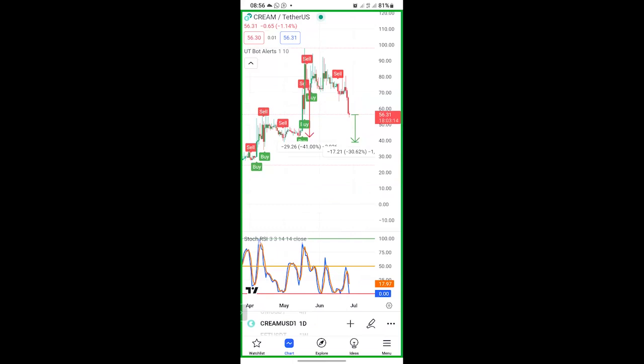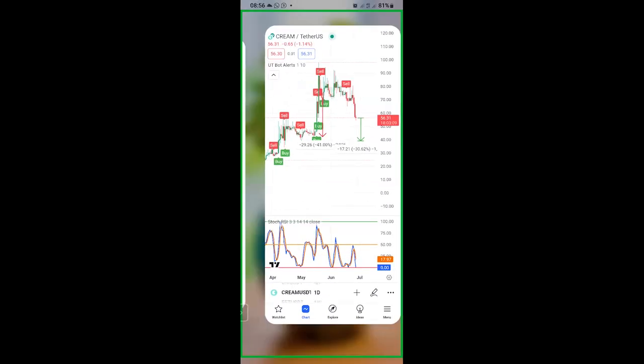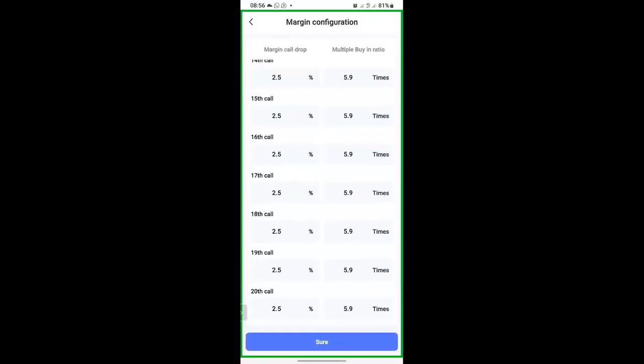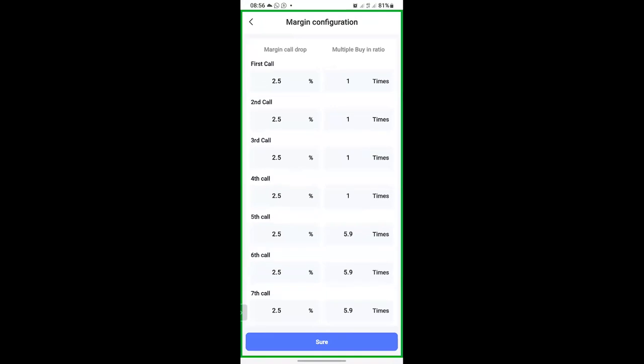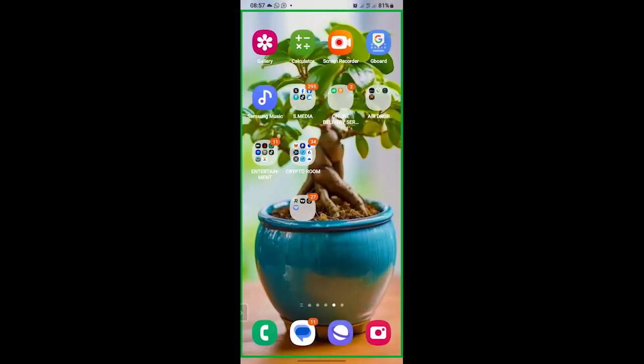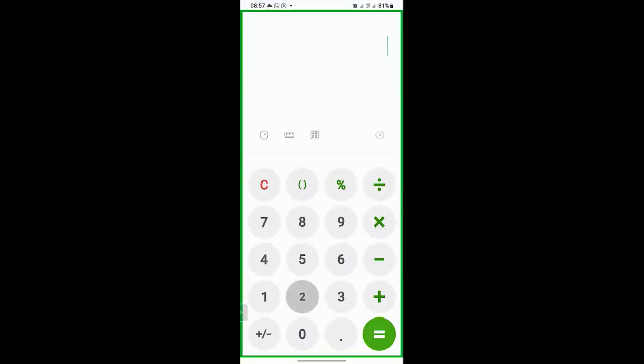Okay. So if you don't know how to do that, I recommend you come up with figures that are uniform. Like you can use 2.5. See, 2.5 times 20, that's about 50.